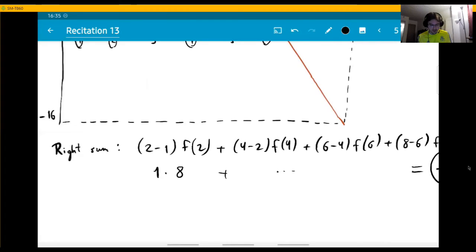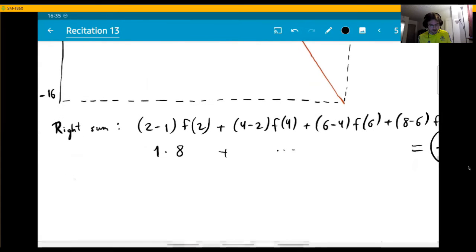Okay, I'm not going to give any special symbols for these types of sums. It's fine if you just write the words every time. So we'll do this now for the left sum. What changes? The length of the interval is always there. This part here, 2 minus 1, 4 minus 2, 6 minus 4. That's always there for every Riemann sum. What changes is the sample point that you're selecting inside each interval.